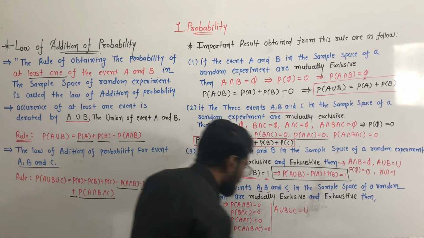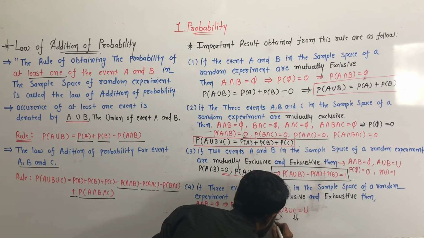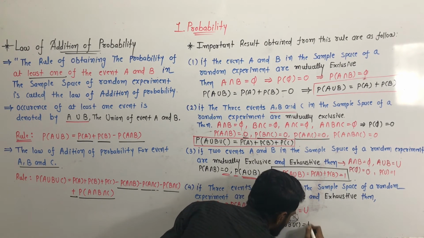So we can write that the probability of the union of A, B and C is equal to 1.